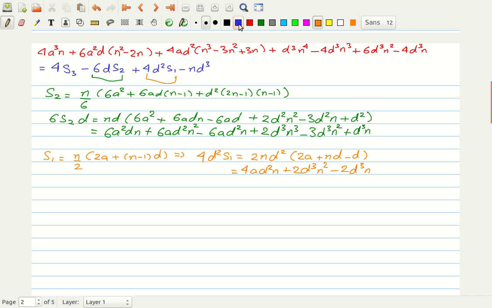Now what is 4s3 equal to? 4 times s3 is equal to all this expression in red over here.